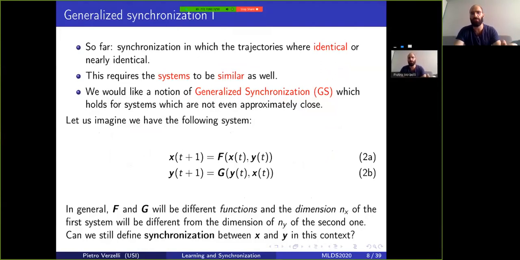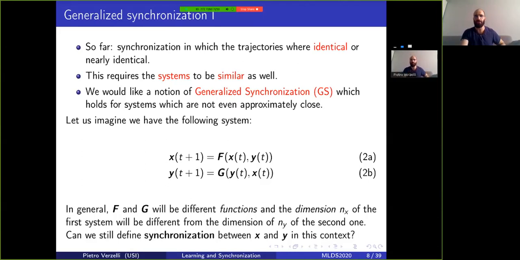So let's say we have two systems, x and y, with two different update functions, f and g, each one depending on both of the systems. So basically we have one big system and we are dividing it in two parts, and also the two dimensions are different. So the dimension nx of the first system is different from the dimension ny of the other one. But can we still define synchronization between these two systems?